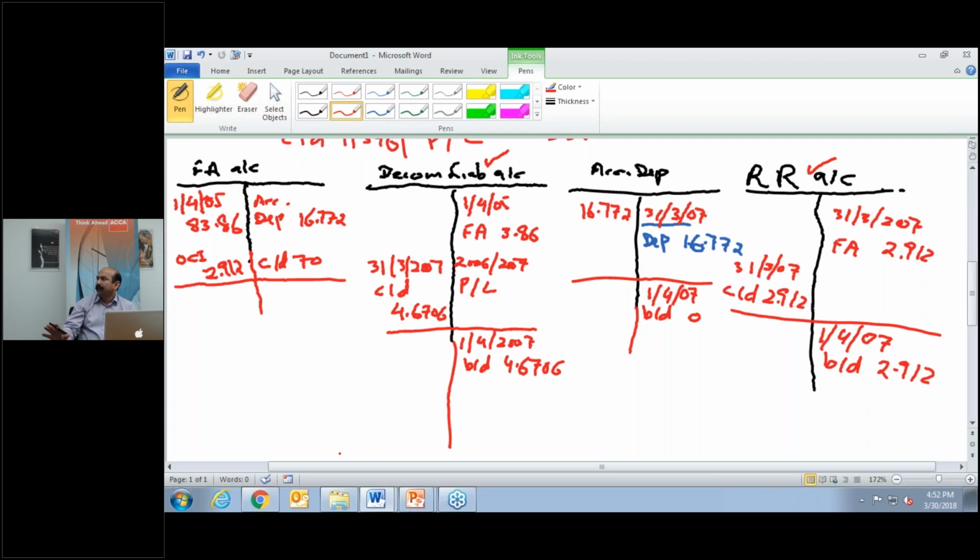Now, I hope it should be clear. Simply, I recorded the decommissioning liability, and I unwound it for 2 years. So this gave me this figure, and all these are basically the effect of the revaluation surplus, because this revaluation took place at the year end, 31st March 2007.